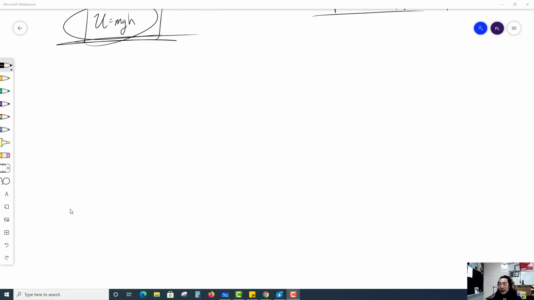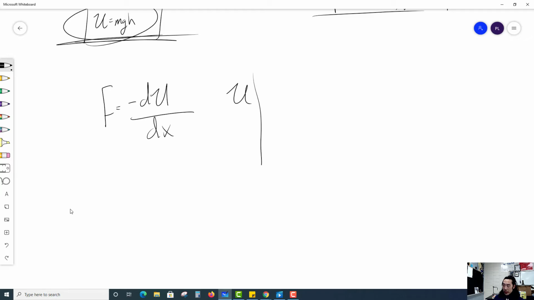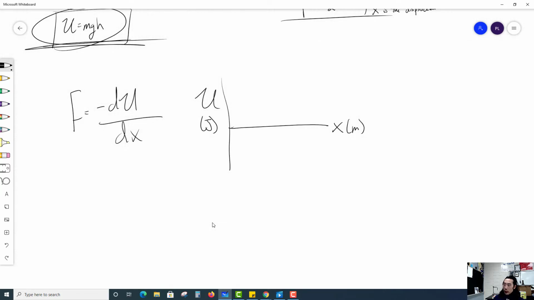Alright, so the very last thing that I want to talk to you about is the equation for force, right? So we left off with F is equal to negative dU over dx. Now, if you remember, whenever we take the derivative of something, we're looking for the slope. So if you were to be given a potential energy versus position graph, you can say that this is J. It is correct to say, let's say we were given something that looks like this, right?